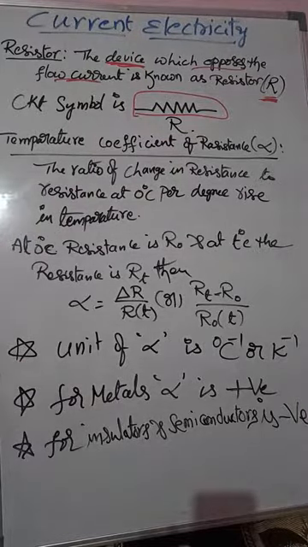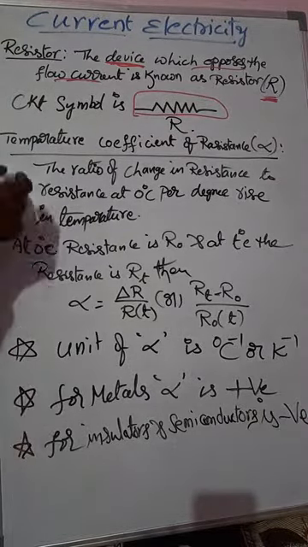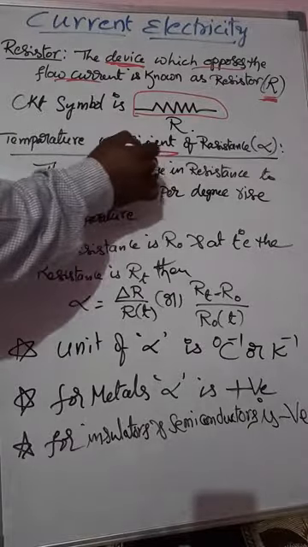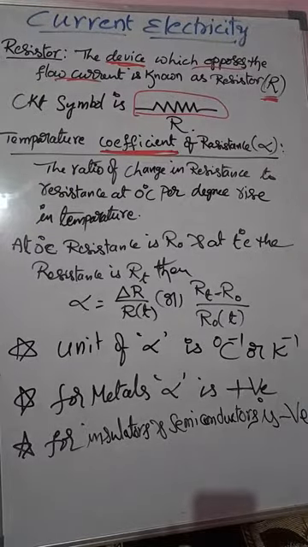Now, to know resistors further, we want to learn the temperature coefficient of resistance. Temperature coefficient we already learned in first year, in the heat part: coefficient of linear expansion, coefficient of areal expansion, coefficient of cubical expansion.